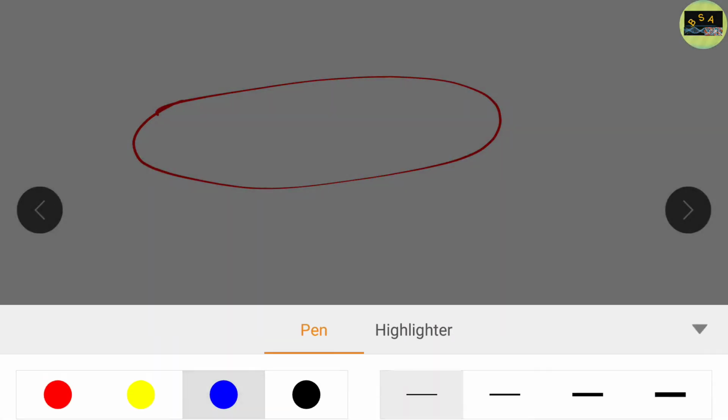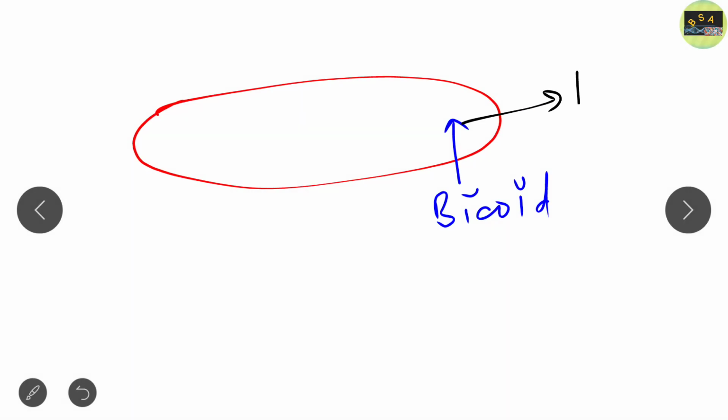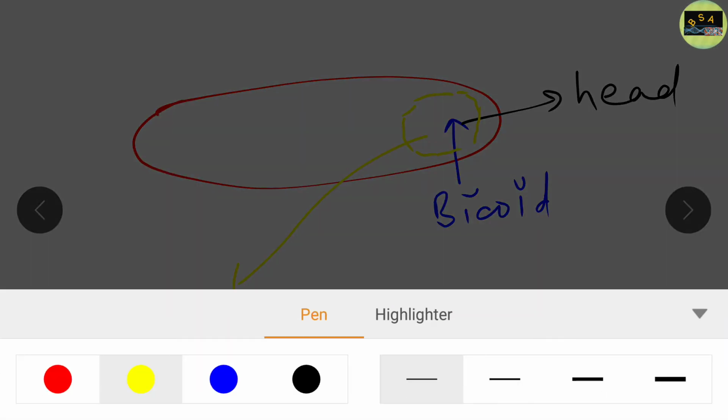Suppose this is an embryo, and if we add bicoid here ectopically, this portion will generate head, and the areas around the head will become thorax.